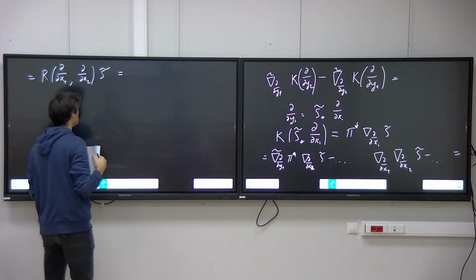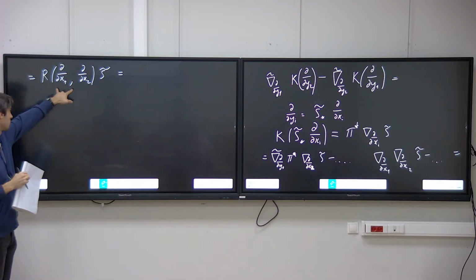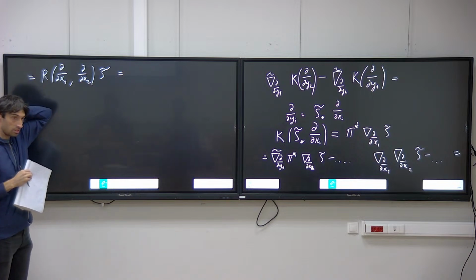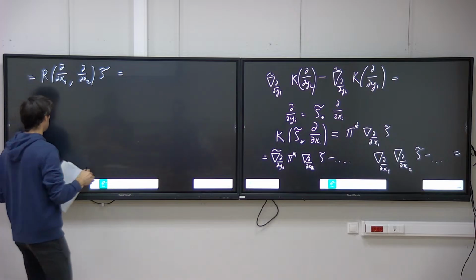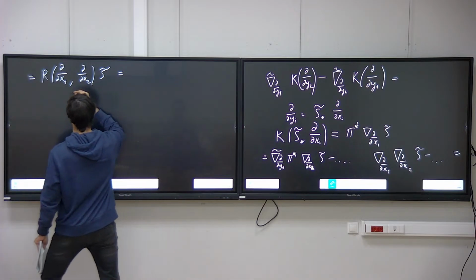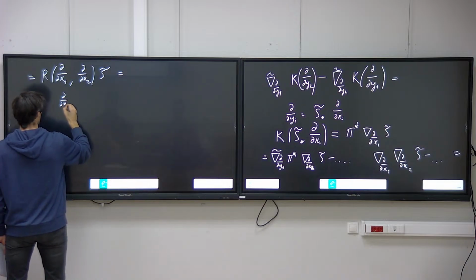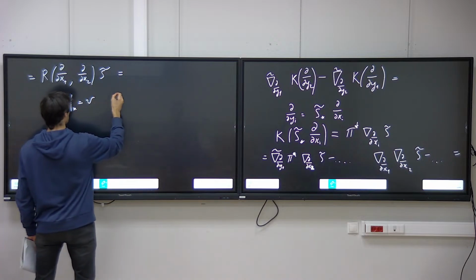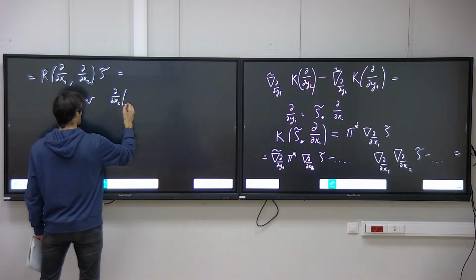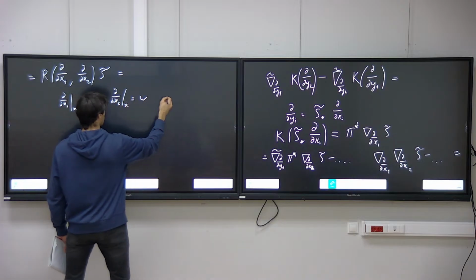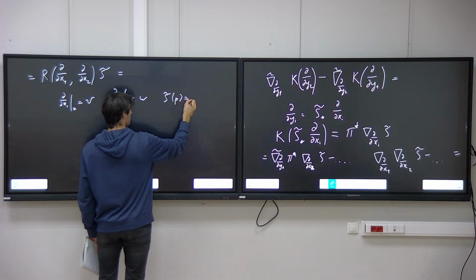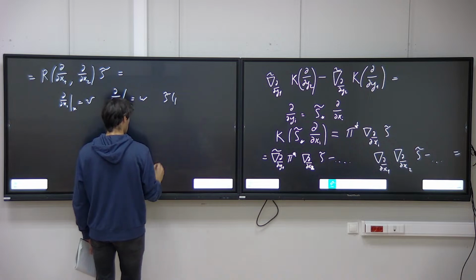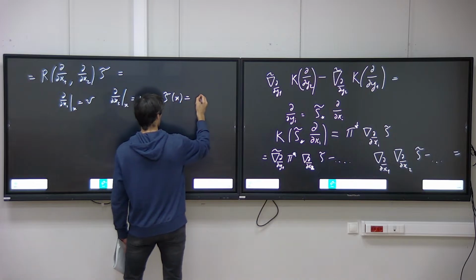But this is C infinity of x linear. So I can replace this: d over dx1 at my point x is just v, d over dx2 at my point x is just w, and s tilde at x is just the same as s of x.